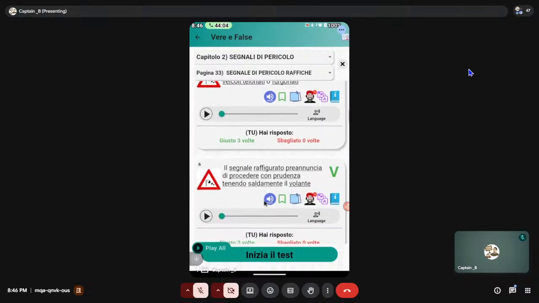Number 8. Il segnale raffigurato preannuncia di procedere con prudenza tenendo saldamente il volante. Now, what I said before, saldamente il volante is that hold your steering very well. This is referring to preannuncia, announcing that you proceed with prudence, meaning with carefulness.